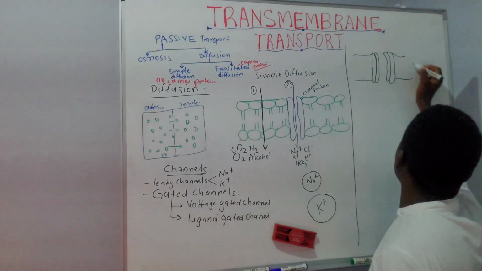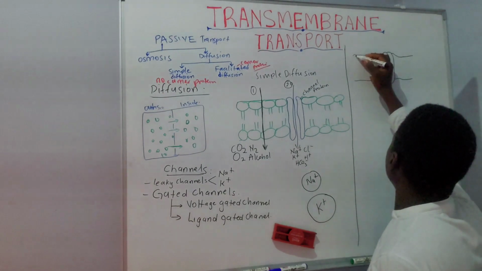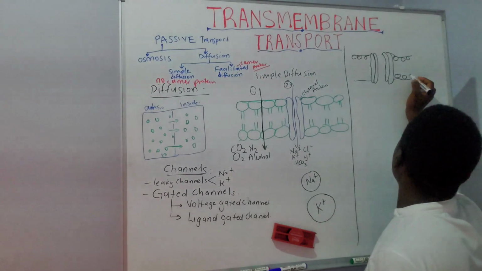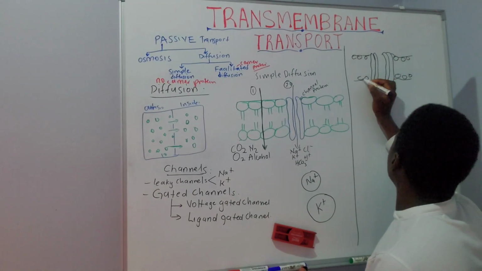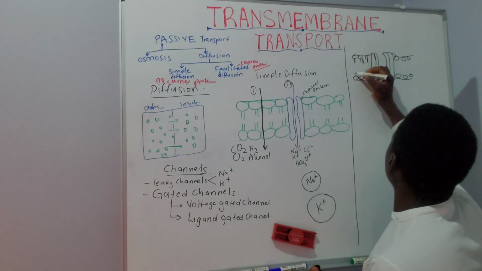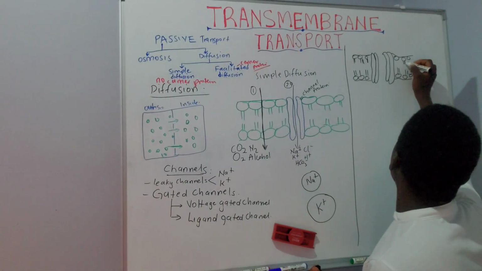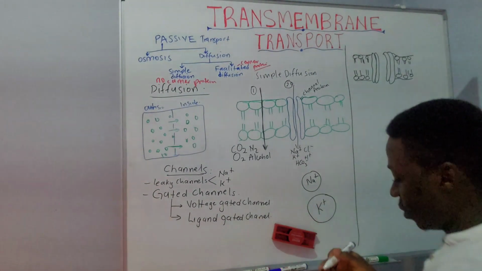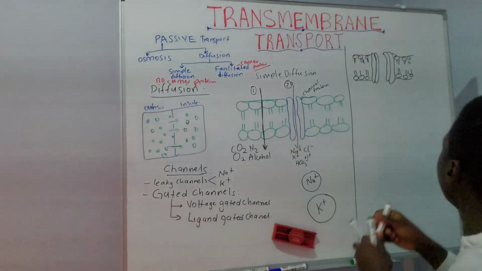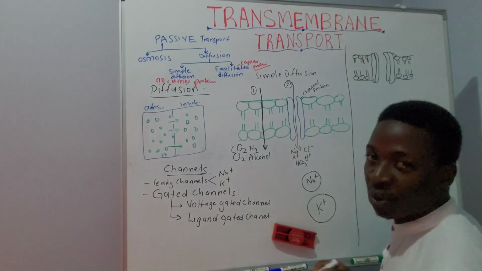This is just to show you the structure, and this is our cell membrane. I'll always show you the lipid bilayer. So these potassium channels have another unique thing. I said it has 1, 2, 3, and 4.